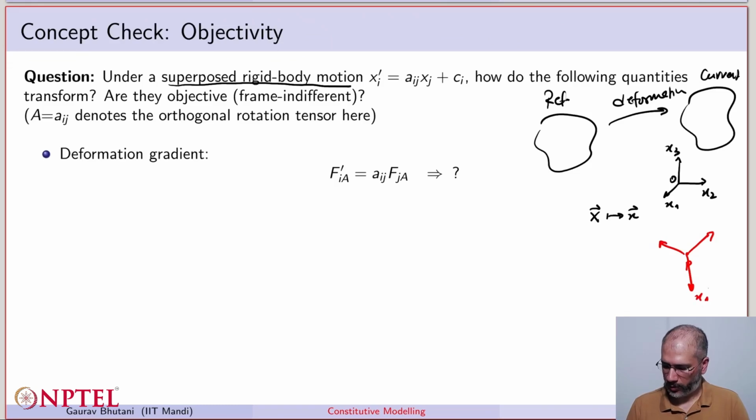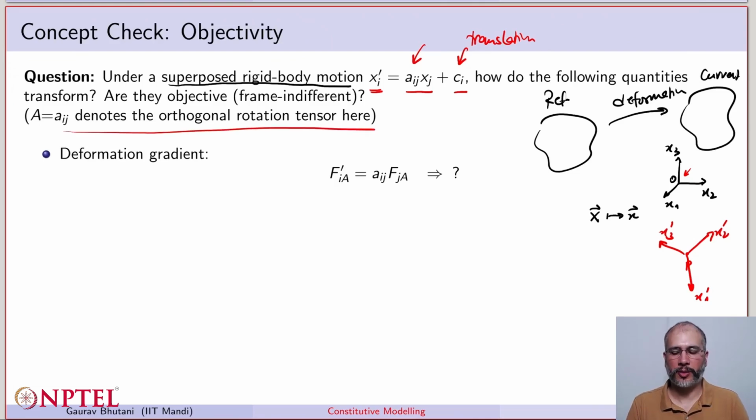So this is P, small x1 prime, small x2 prime and small x3 prime. This observer sitting at the point P is making the measurement, not the observer who was sitting at O. So we call it a superposed rigid body motion, where the measurements by the rotated observer are given as xi prime equals aij xj plus ci, where ci has the information about translation and aij is our rotation tensor, which is an orthogonal tensor.